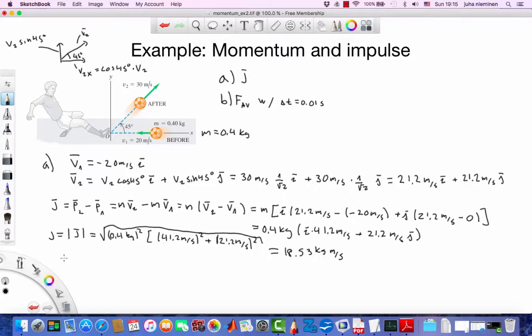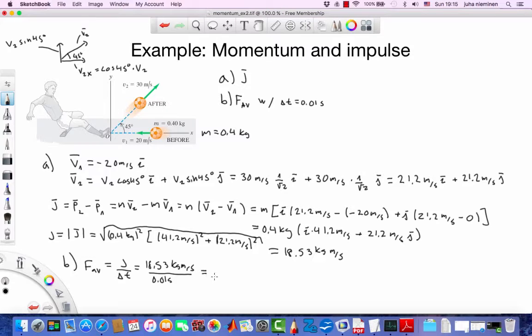And then B, what is the average force? Well, average force is, again, J, the impulse, divided by the time it takes. So 18.53 kg m/s divided by elapsed time, 0.01 seconds.